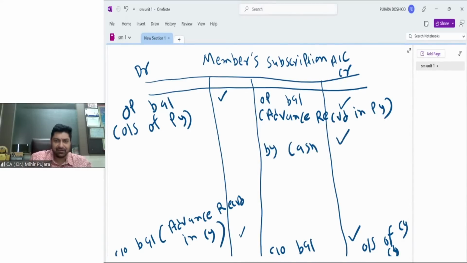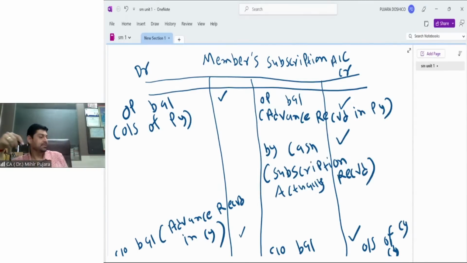Cash or bank, whatever. This is subscription actually received by cash.